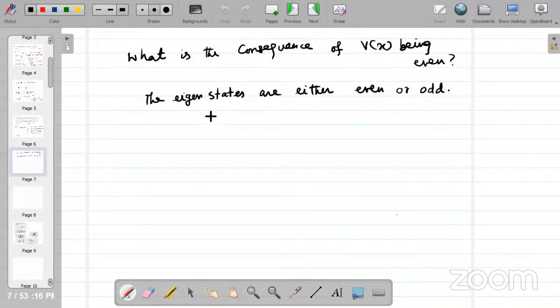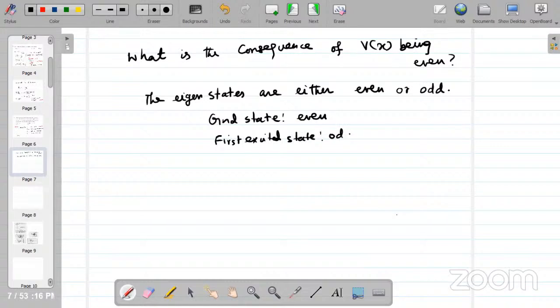So in general, the ground state is even, the first excited state is odd, and it keeps going like that, even, odd, even, odd. So it implies psi naught is even and psi 1 is odd.